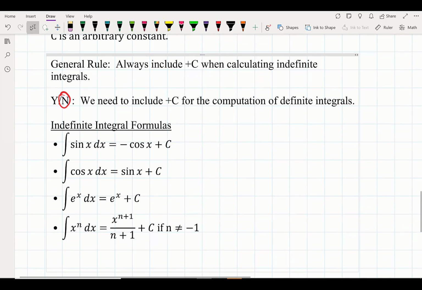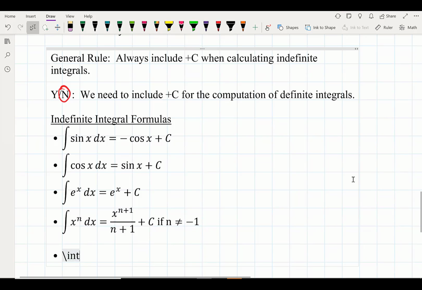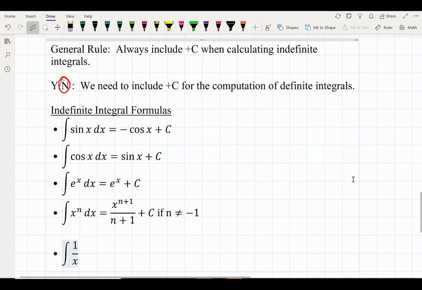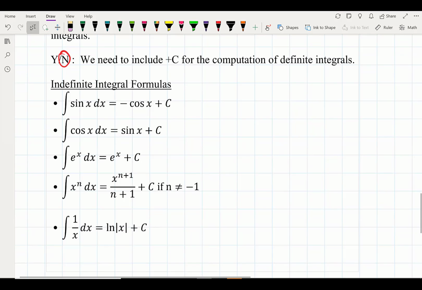If the power is negative 1, then we have its own special formula involving ln of the absolute value, which I think was probably the cause of the number 1 mistake on quiz 2: forgetting about the importance of the absolute value right there. What else do we have?